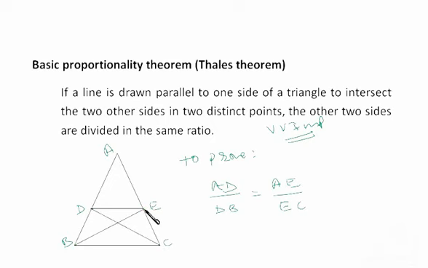Then we draw a line from E that is perpendicular to BA. Maybe we can say that is a line EF perpendicular to BA, and similarly a line from D on AC that is also perpendicular to AC.